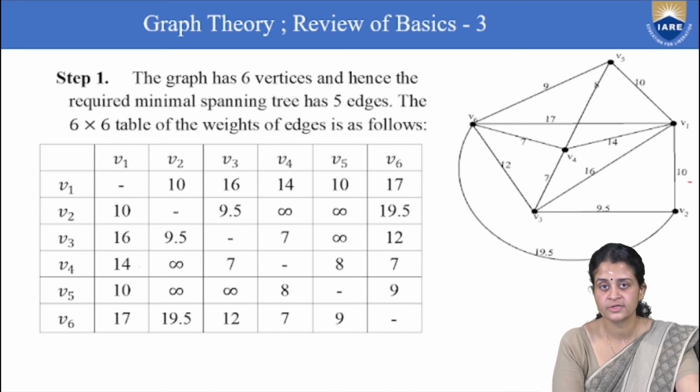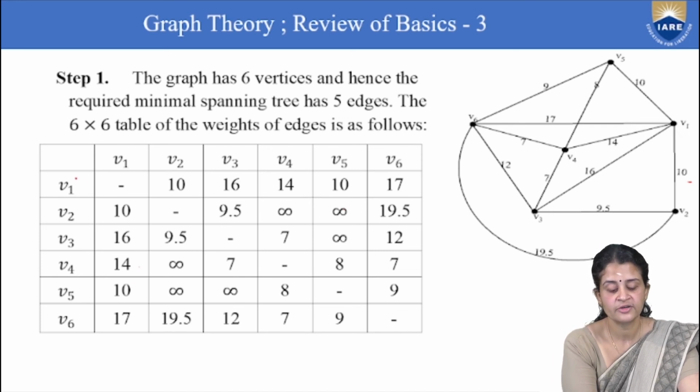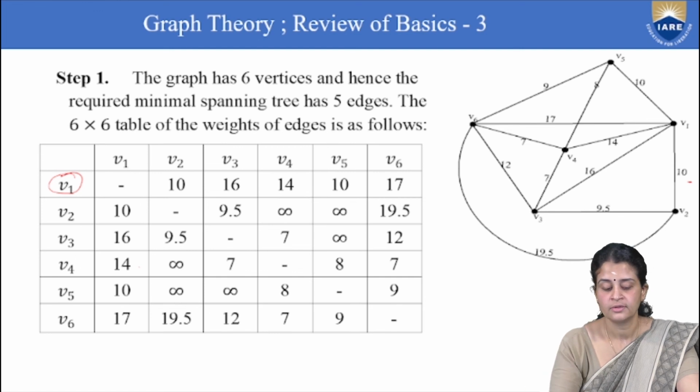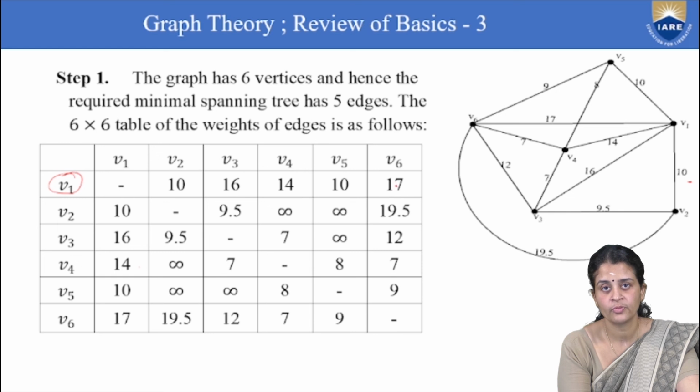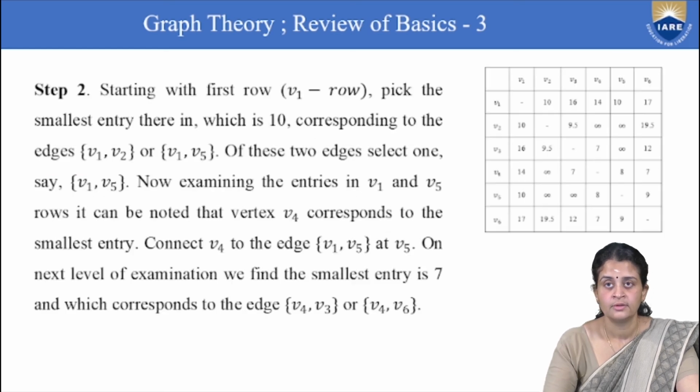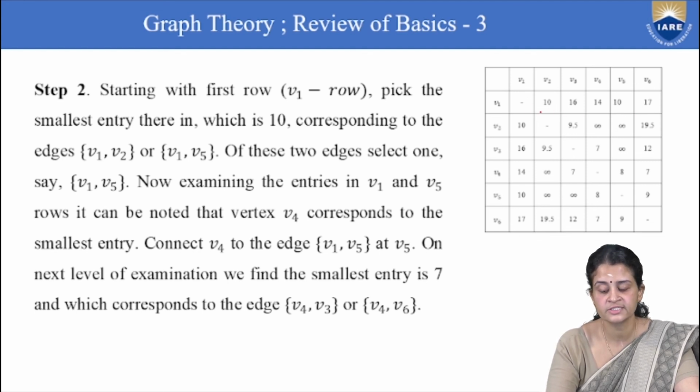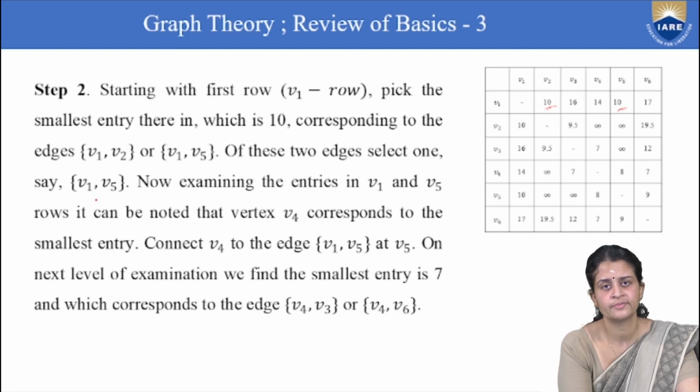Now according to the second step, we are starting from vertex V1 and go through this row of V1. Considering this row, I have two entries with the least quantity, 10, happening with V2 and with V5. So I can draw either the line V1, V2 or V1, V5. I am drawing V1, V5.